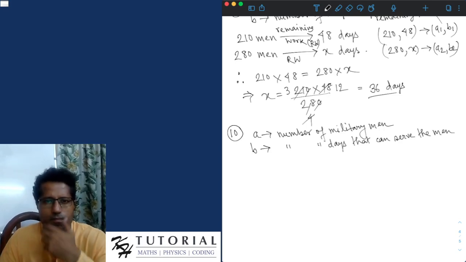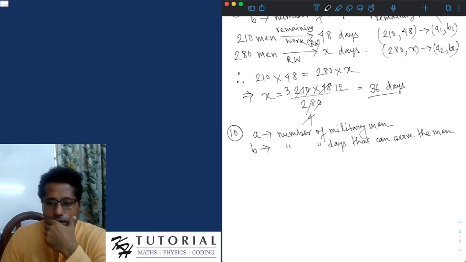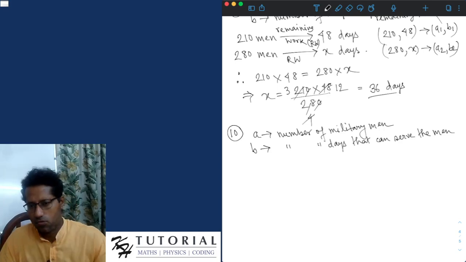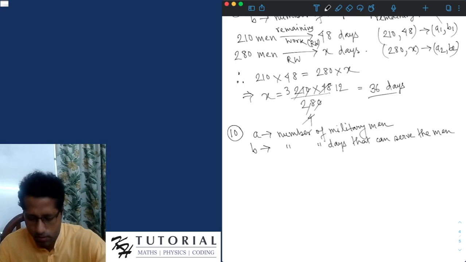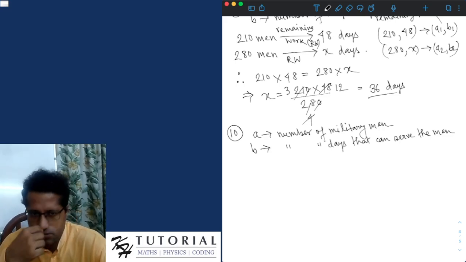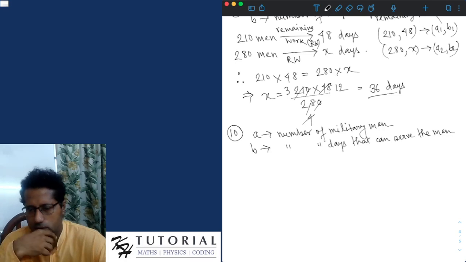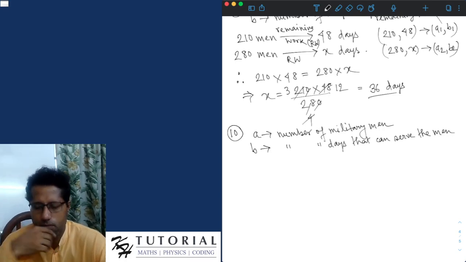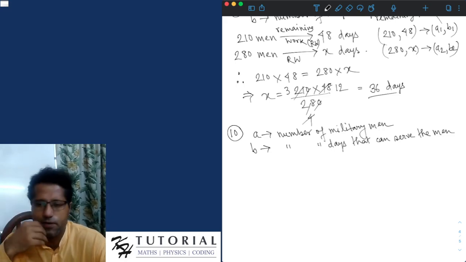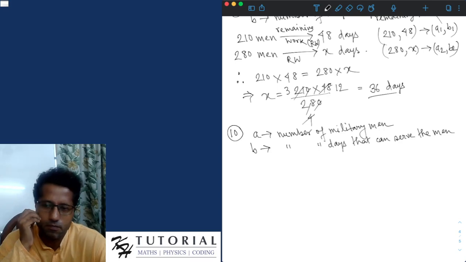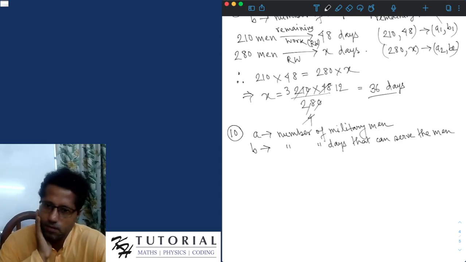Definitely we can see these two quantities are in inverse proportion, because since the food is constant, if you have more military men, the food will last for fewer days, and if there are fewer military men, the food will last for more days.